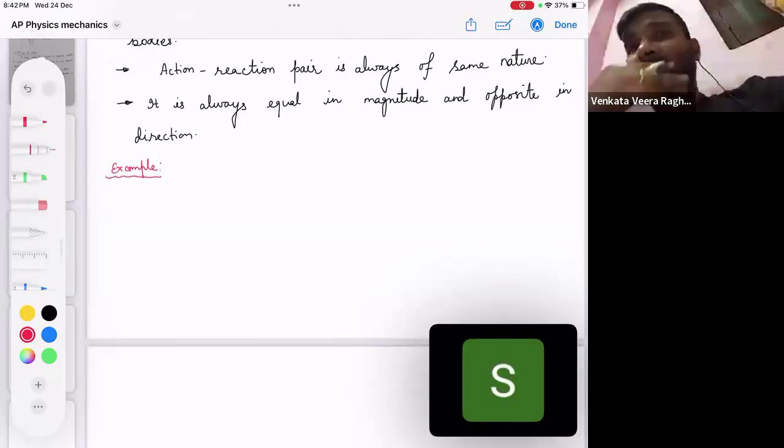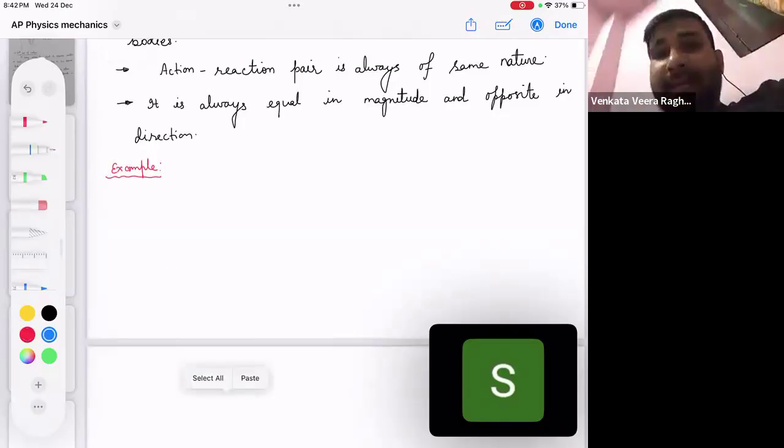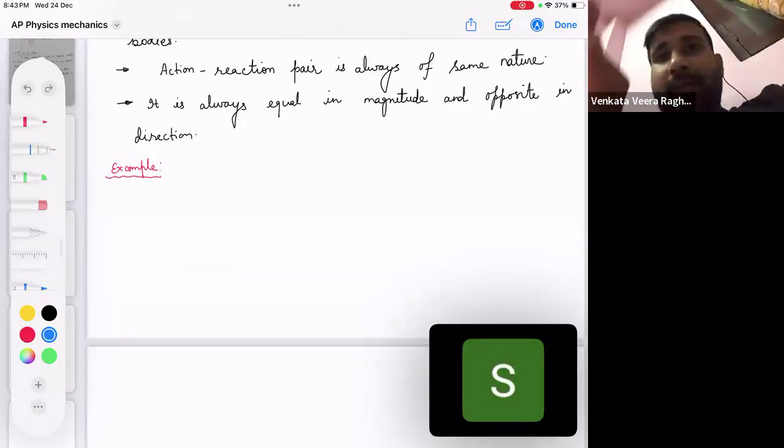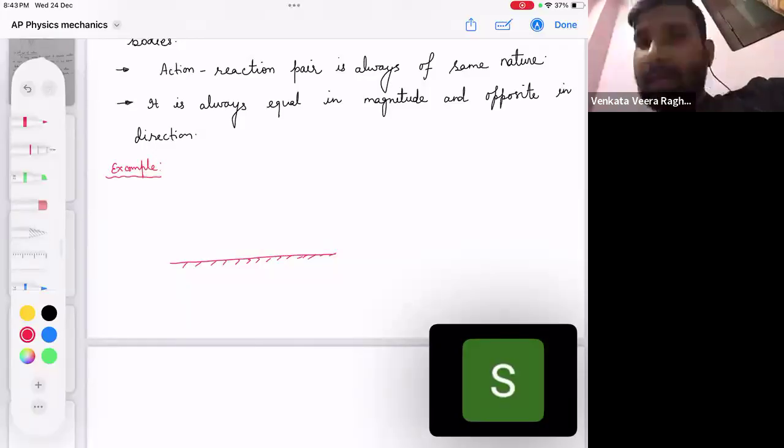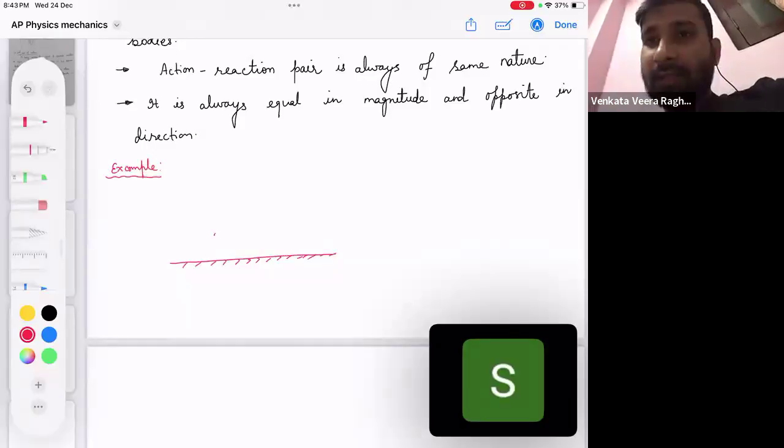Okay, let's see an example I'm giving here. In this example, this is a ground. This is a smooth ground given to us, and the question says that a ball strikes this ground with 10 meters per second, and it rebounds, after striking, with a velocity of only 5 meters per second.